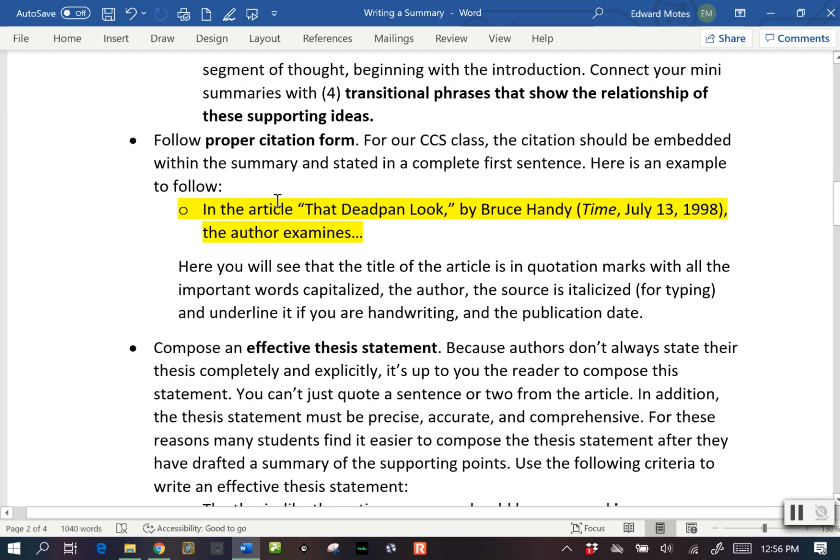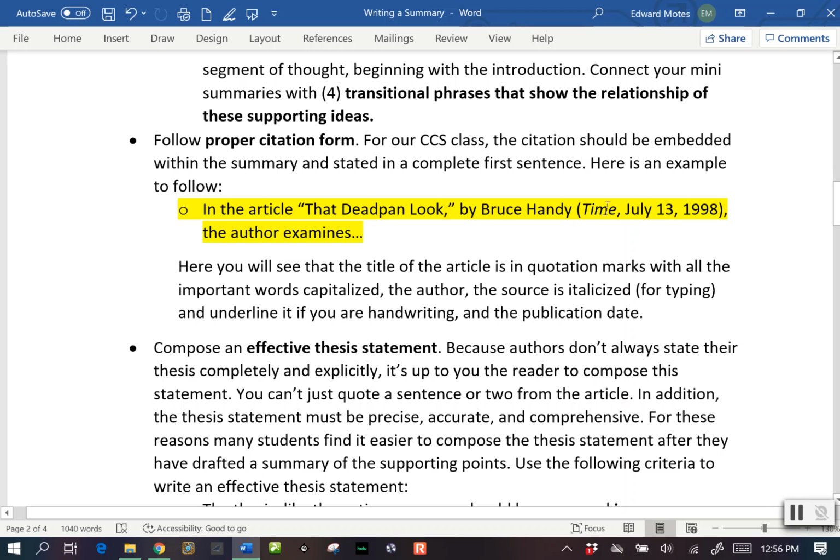In the article, "The Deadpan Look," and here article titles are in quotes, and all the important words are capitalized, by Bruce Handy, that's the author's full name. And then here in parentheses, we have the source, so it came from Time magazine.